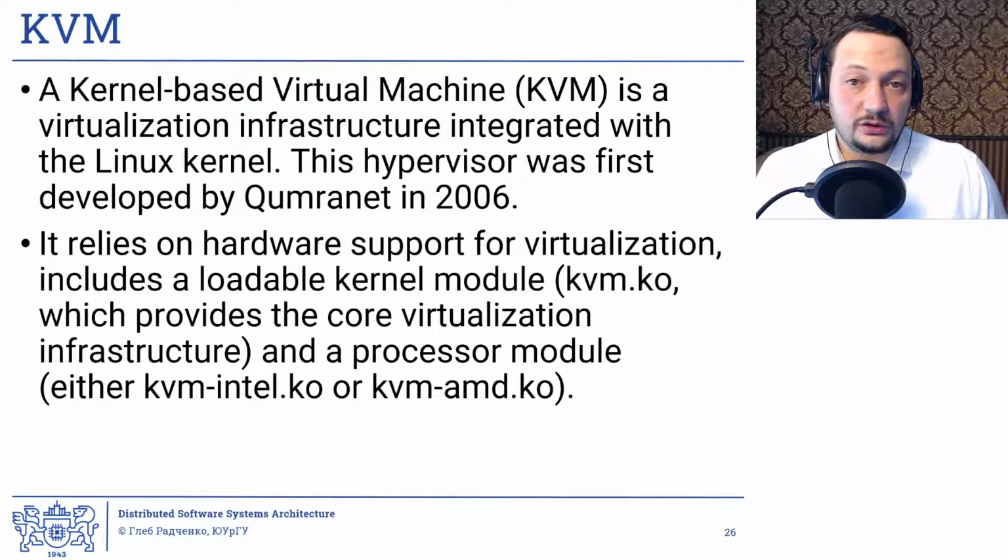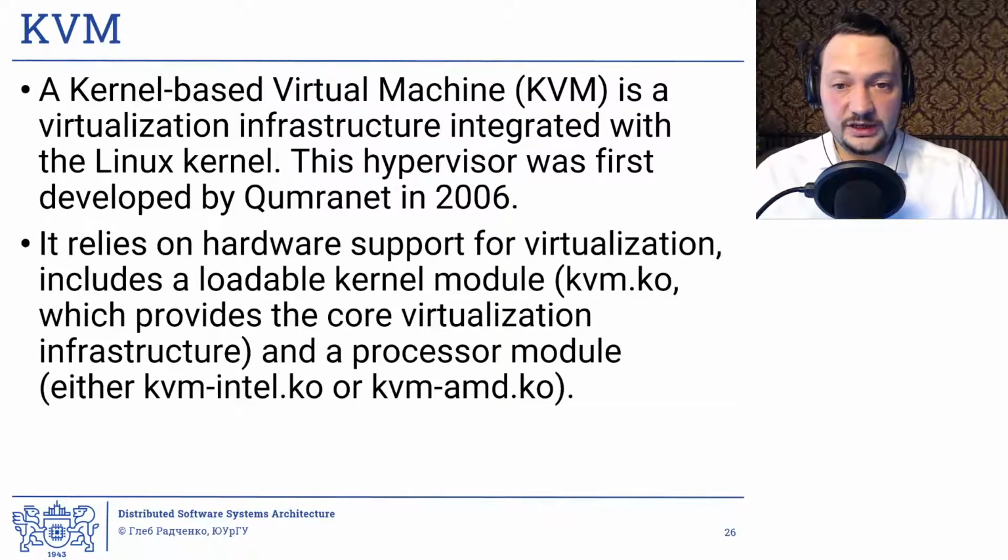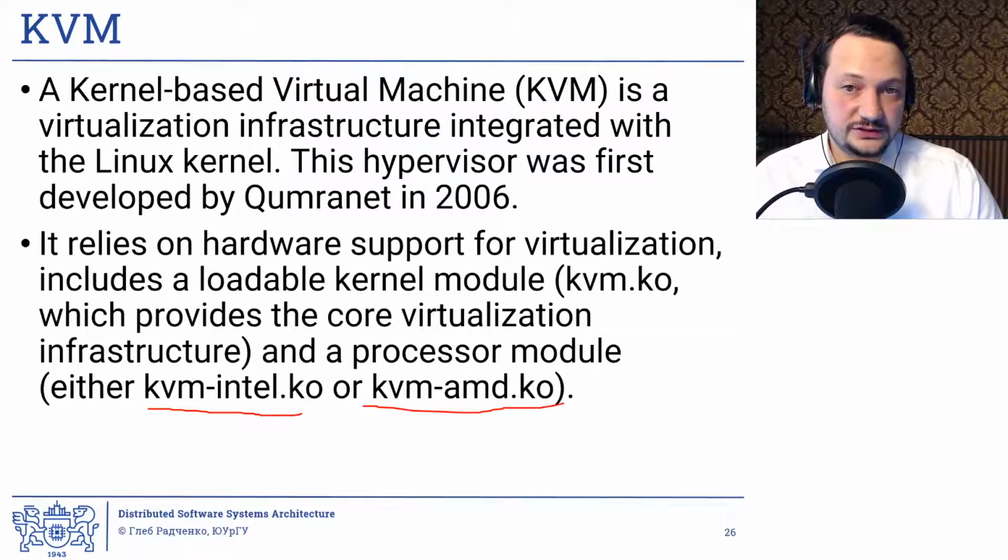Another way to organize Paravirtualization is a kernel-based virtual machine, or KVM. It is a virtualization infrastructure integrated with the Linux kernel. This hypervisor was developed in 2006, and it relies on hardware support for virtualization that includes loadable kernel modules for Intel and AMD processors.